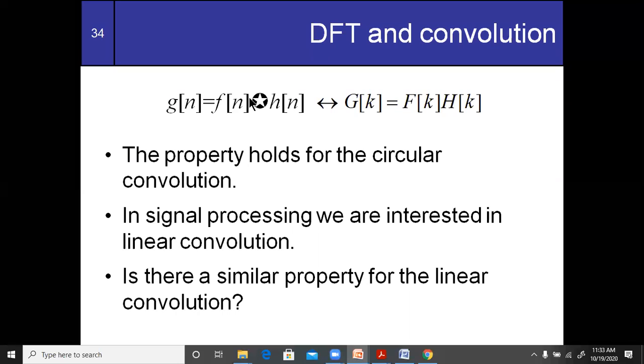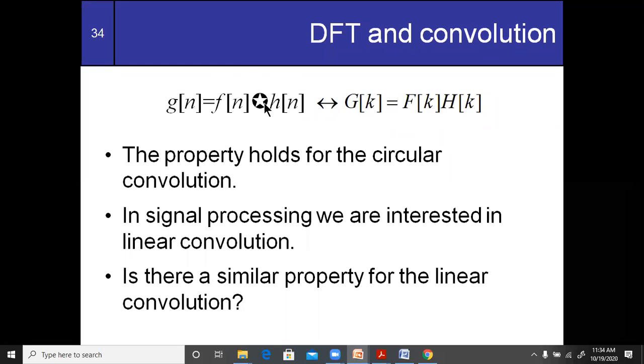So generally we see that there is a relationship between the circular convolution and the DFT. DFT is also circular, and circular convolution in the time domain is nothing but multiplication of the DFTs. So if Gn is equal to Fn circular convolution h of n, then that is equivalent to G of k equal to f of k into h of k.